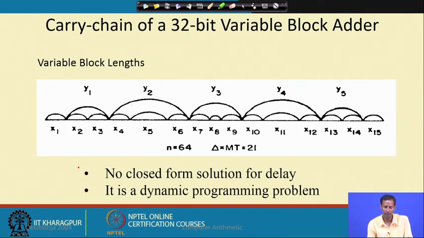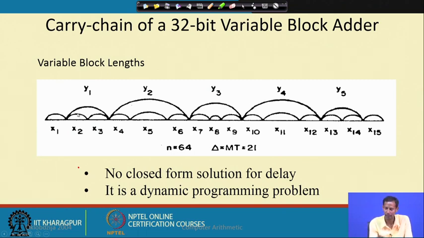And here you see another example where I have chosen more number of groups, like x1 to x15.